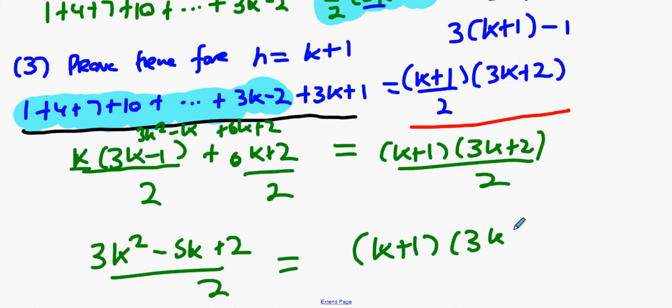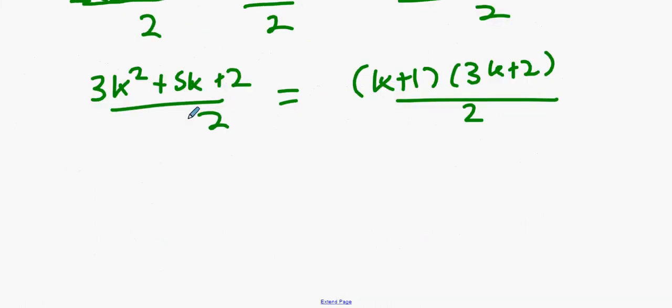Sorry, plus 5k. Very important. So what happens when I factorise the left side? When you factorise a standard quadratic equation that you've been doing since second year? Yeah, you get the same thing on both sides, don't you? And what does that mean?